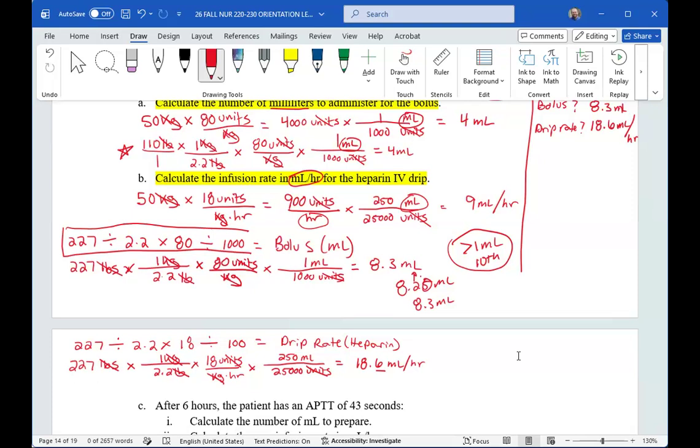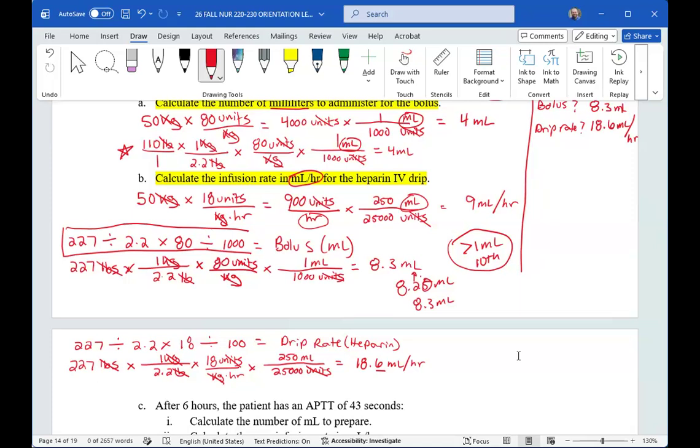Good. So I'm doing 227 pounds over 1 times 1 kilogram over 2.2 pounds times 18 units over 1 kilogram per hour, and then times 250 milliliters over 250,000 units.